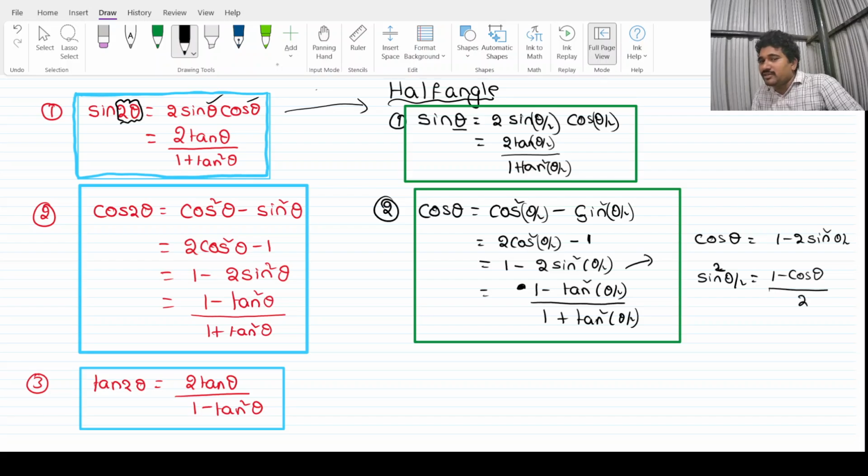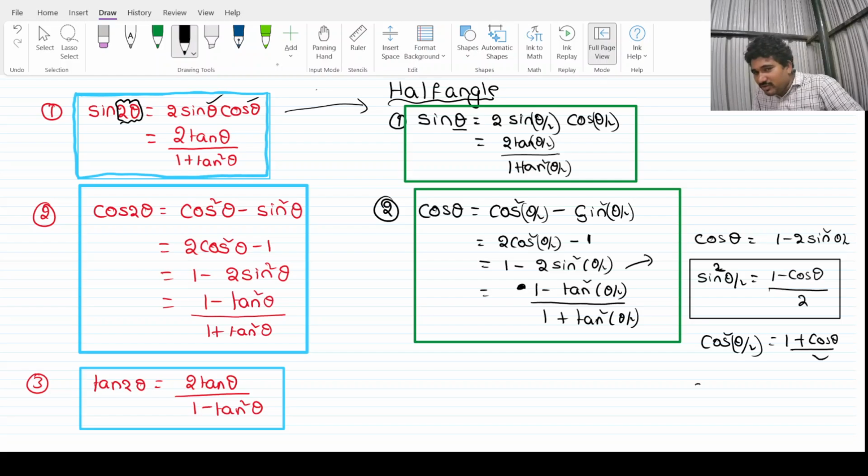This is a square term, and this is a power 1 term. Sin square theta by 2 can be written as 1 minus cos theta by 2. Similarly, cos square theta by 2 can be written as 1 plus cos theta by 2. Correct?